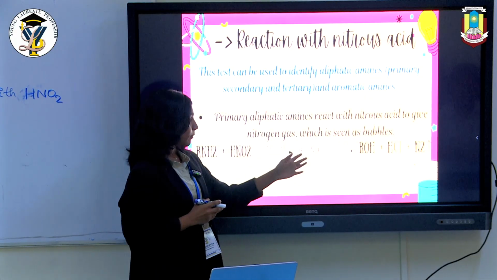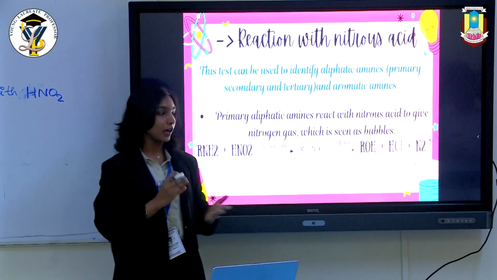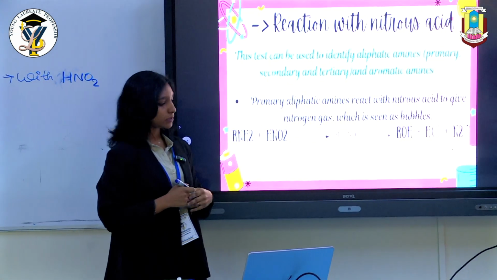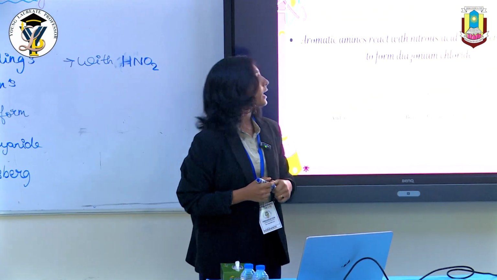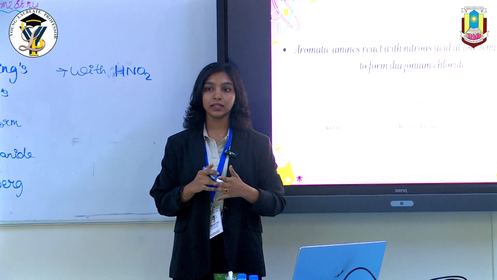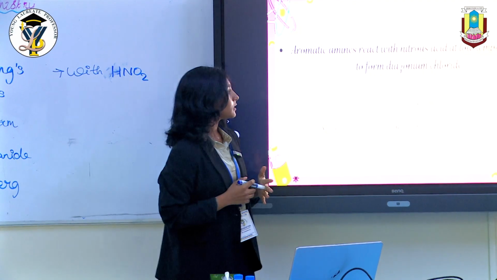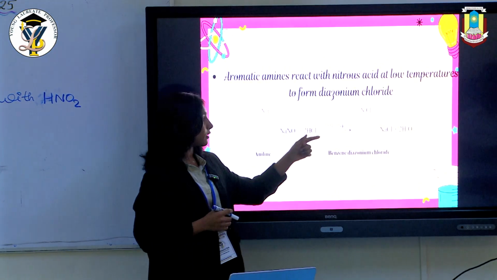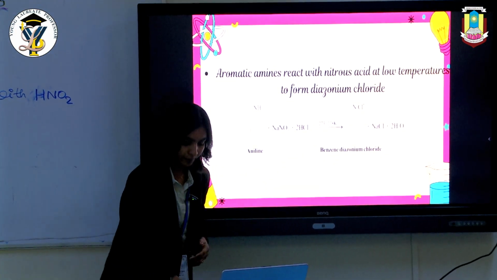So it undergoes decomposition in the presence of water to form alcohol, hydrochloric acid, and mainly nitrogen gas, which is seen as bubbles. Whereas when an aromatic amine reacts with nitrous acid under the condition 273 to 278 Kelvin, it results in the formation of benzene diazonium chloride, which is stable due to the resonance stabilization of the benzene ring.